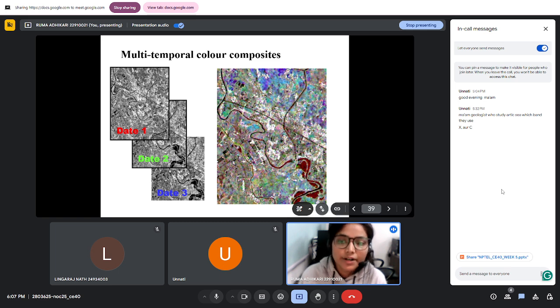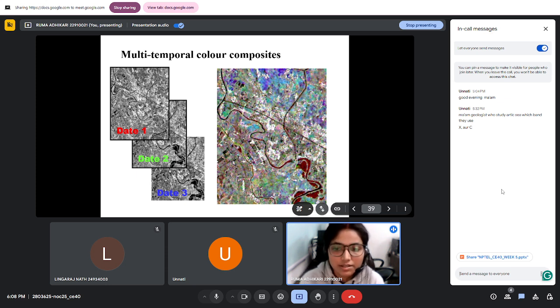But also what happens to glacier snow, here the bands are not that important. Here more important is the polarization: single polarization, dual, or full, the quad polarization.